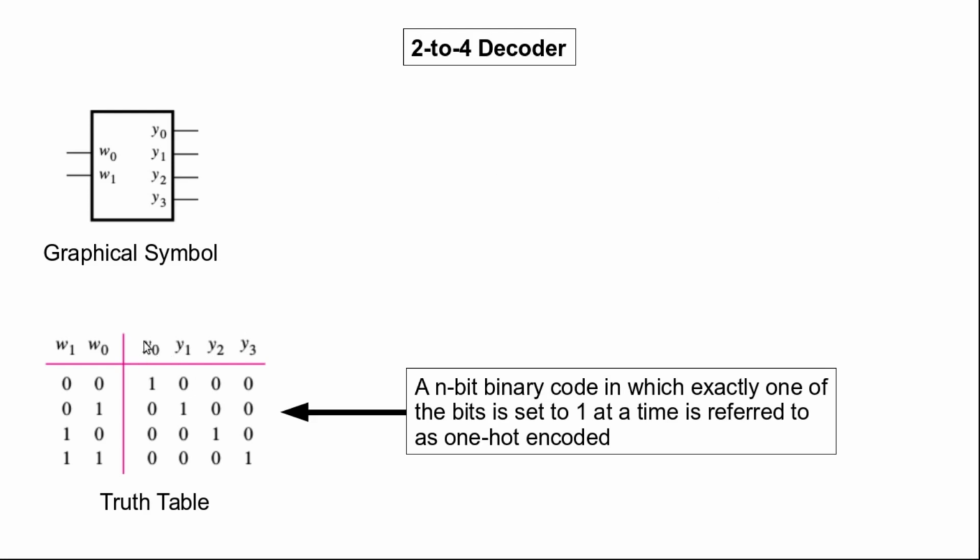For example, if we want to find out the Boolean expression for Y0, we see that Y0 is equal to 1 only for one input combination, and hence the sum of minterm expression for Y0 will have only one minterm, and that minterm is W1 prime, W0 prime.